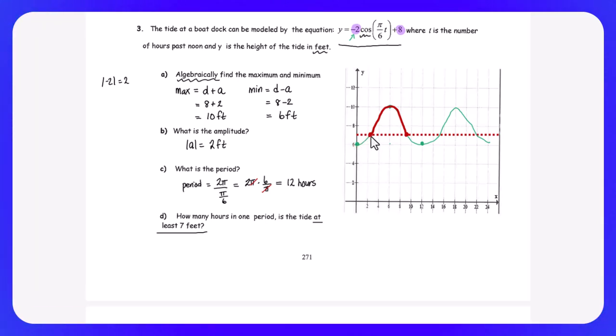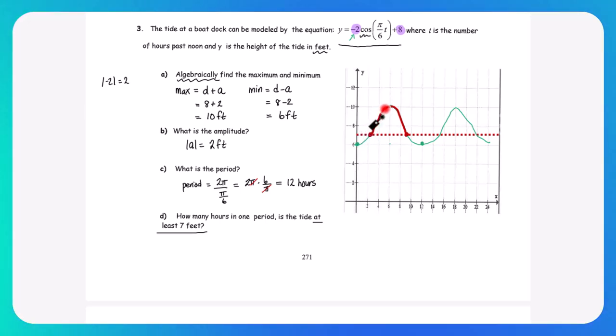So what I need to do is figure out what time it hits 7 right here. And then I need to figure out which time it comes back to 7. And I want to find the time between this time and this time. So once I find them, I'm going to subtract them.